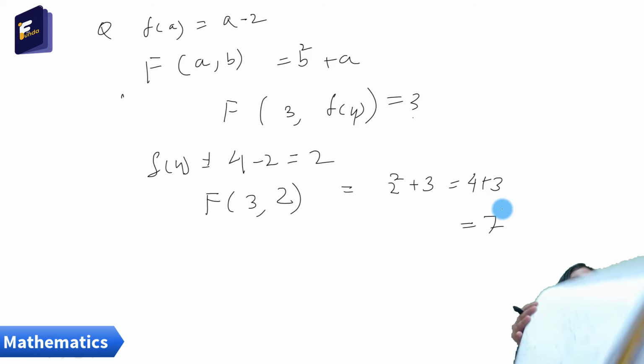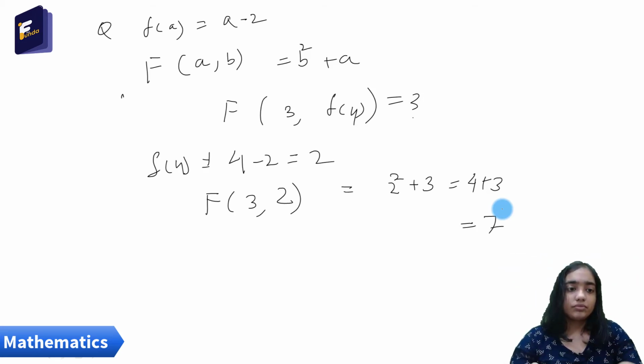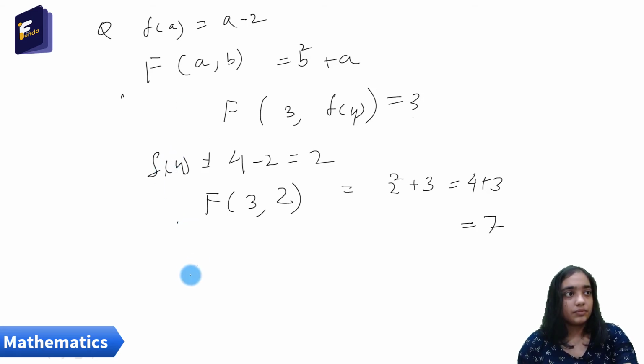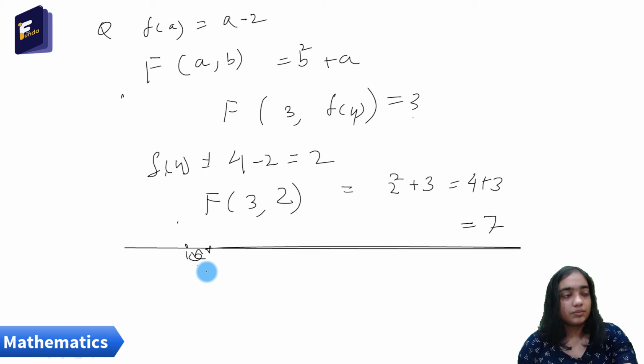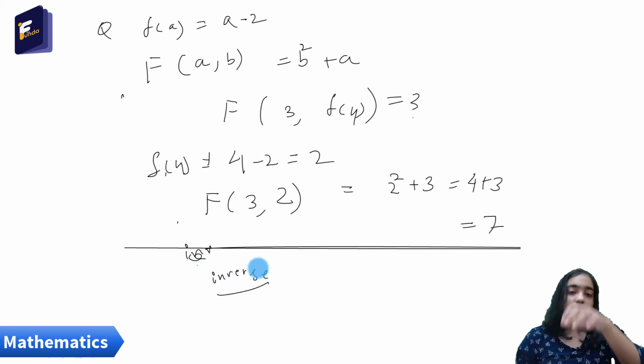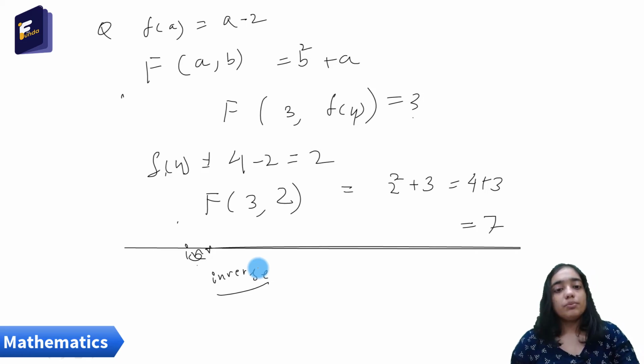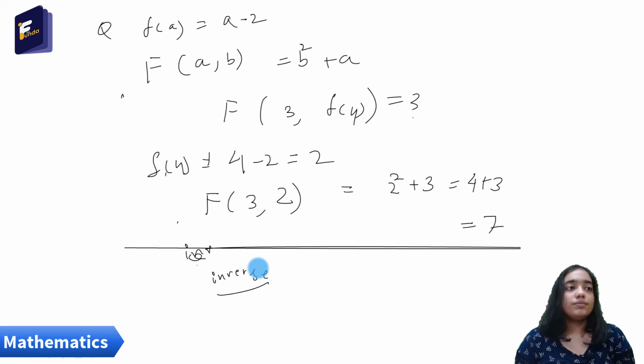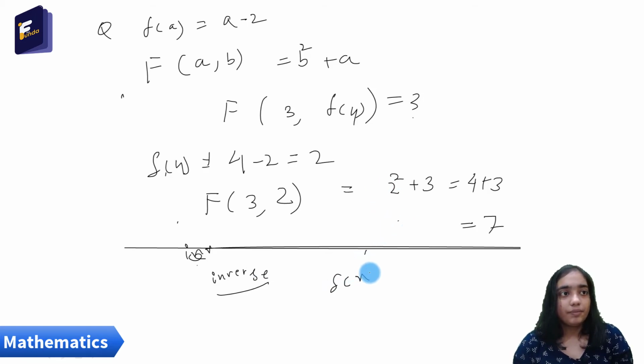Now we will move to the inverse of a function. What is the inverse of a function? Suppose we have a function, say f of x. We found that when I put 3 in this function, the output is 4, and when I put 5, the output is 7.